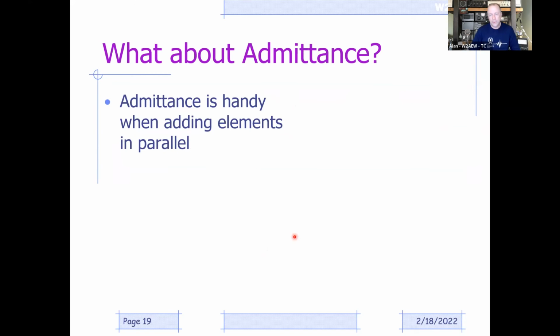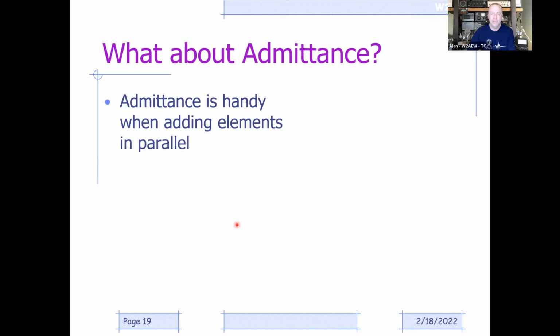If we're adding components in parallel, we usually do that computation by talking about admittance. Admittance is essentially 1 over impedance. When we add resistors in series, we just add them up: R1 plus R2 plus R3 gives us our total.